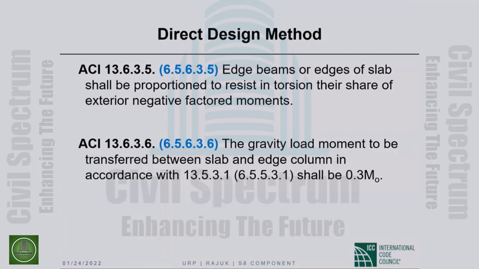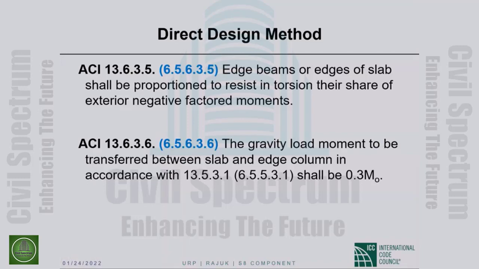Edge beams or edges of slab shall be proportioned to resist in torsion their share of exterior negative factored moment. Okay. The gravity load moment to be transferred between slab and edge column in accordance with it shall be. This doesn't read like much, but this is something I would say quite important. You absolutely cannot overlook it.